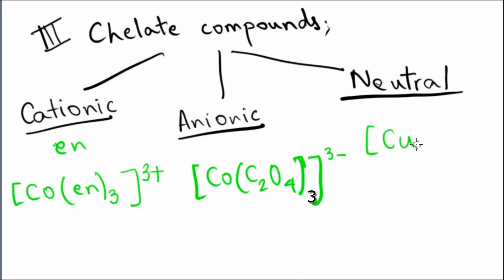So the whole charge can be -3. It's an example. Then for neutral, you can have copper with maybe 2 hydroxide molecules. So +2 of the copper and 2 hydroxide molecules, each one is -1. So together they'll give you 0. They balance each other out. You can be asked to draw these compounds or state whether they're cationic, anionic, or neutral.